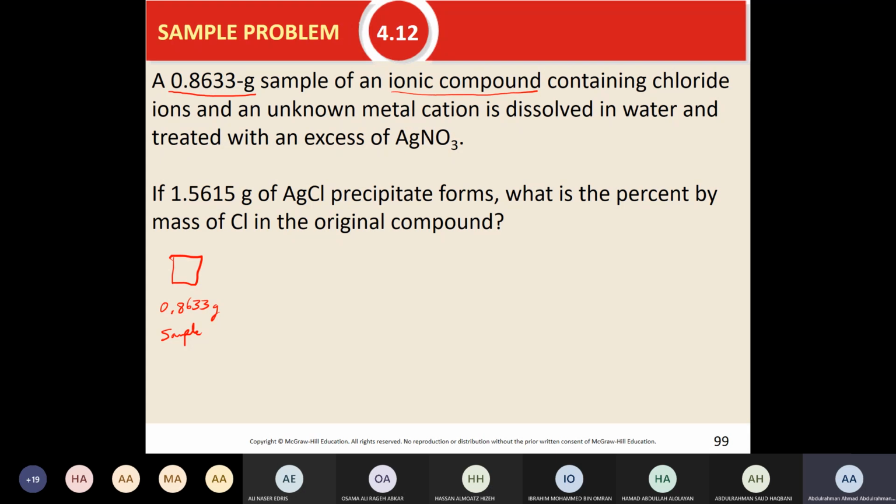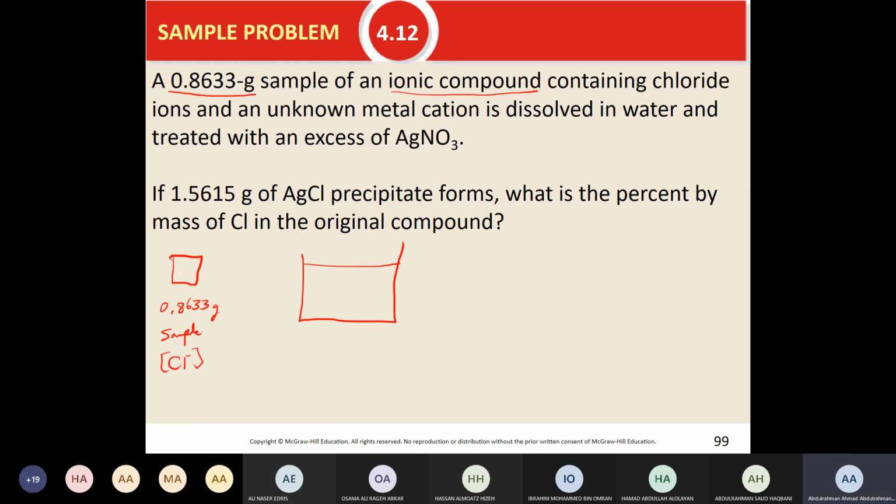I took it and dissolved it in water. Containing chloride ion. So there are many ions, and part of them is chloride ion.